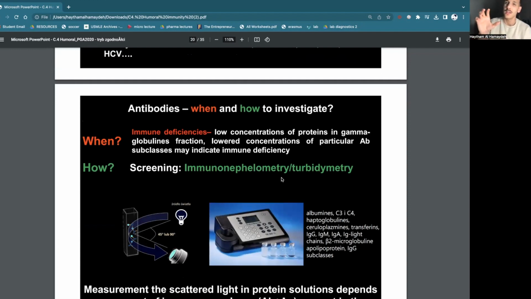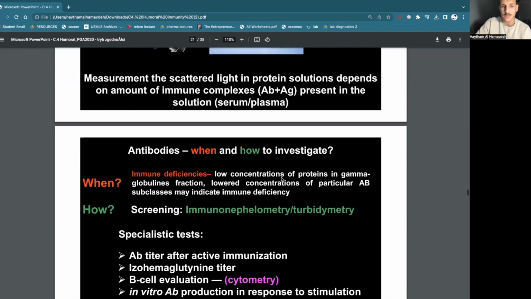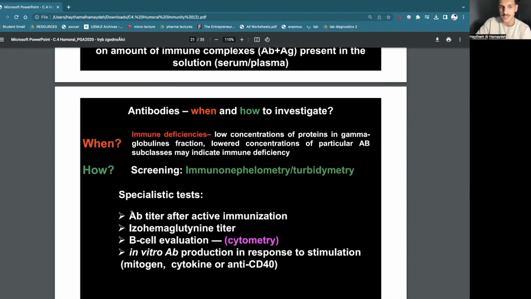We expose the sample that may contain an antibody-antigen complex and shine light, and we detect the light that scatters off those. The more light that scatters, the more of those complexes, and the more we are happy that antibodies are present. The second ways, or many ways, are those specific ways that we can use to detect those antibody-antigen complexes.